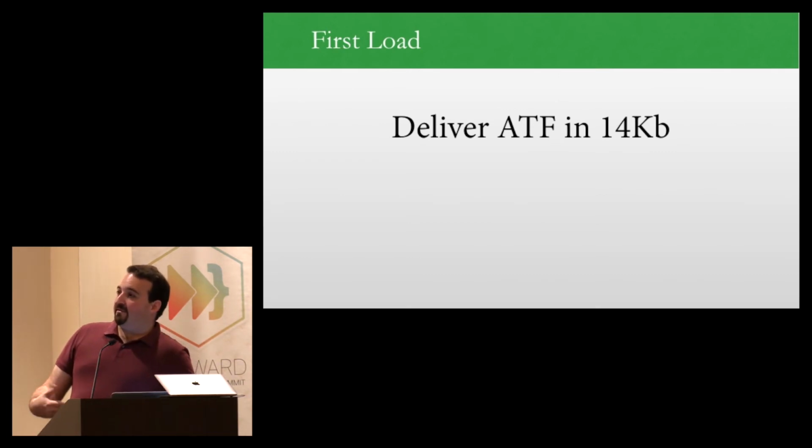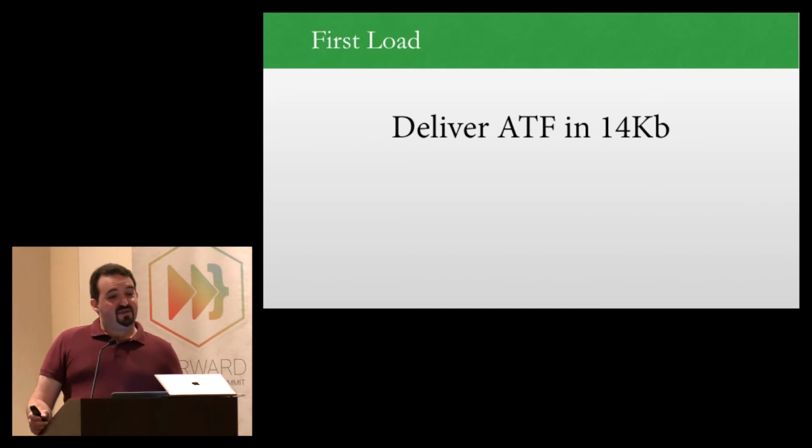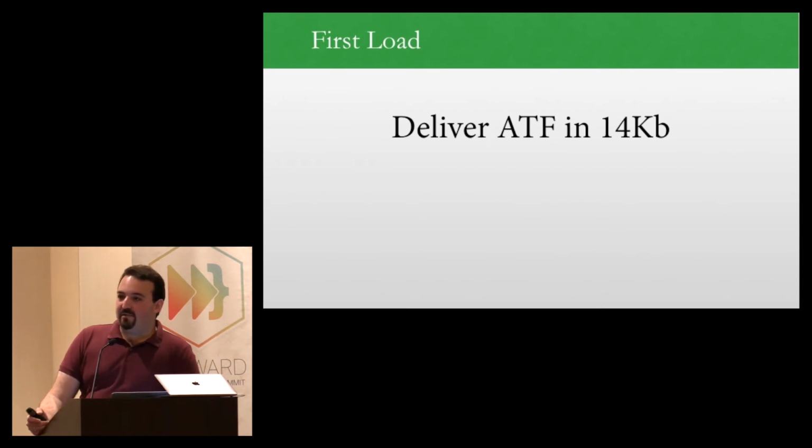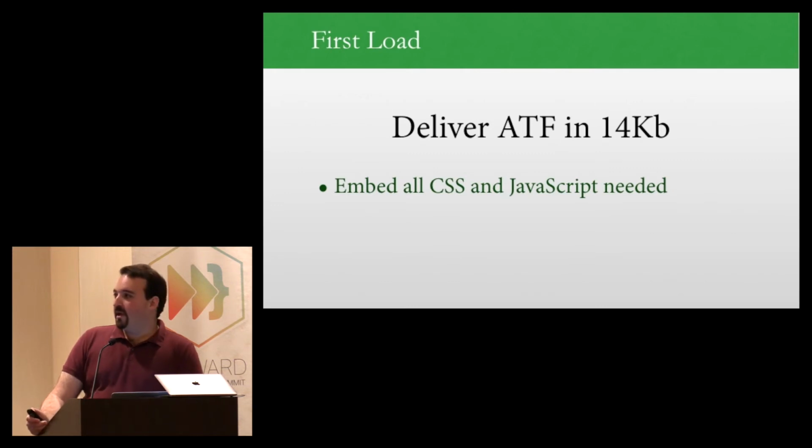If you are feeling really scared right now with the number, you need to remember that you're using gzip. So it's 14K gzipped. That means that it's around 70K of HTML, CSS, and JavaScript, everything embedded in that same request.